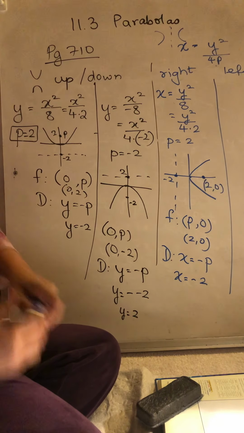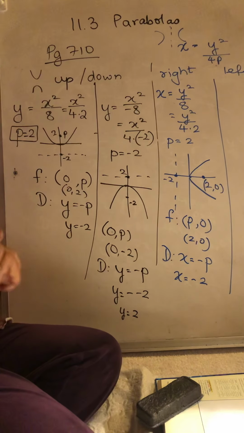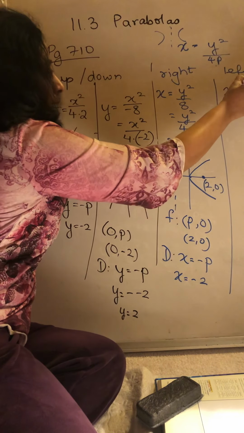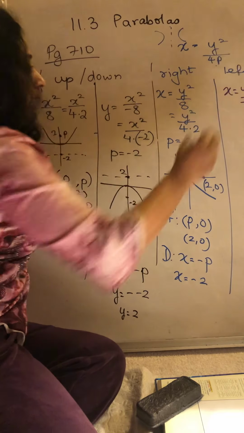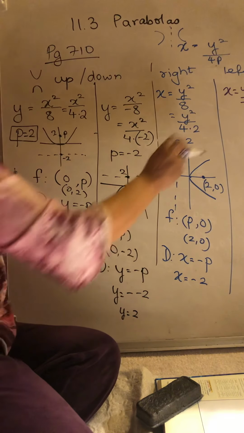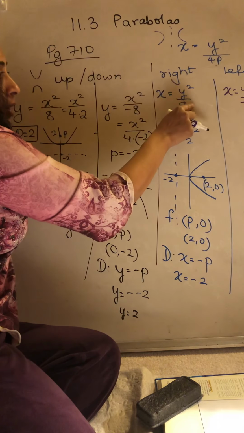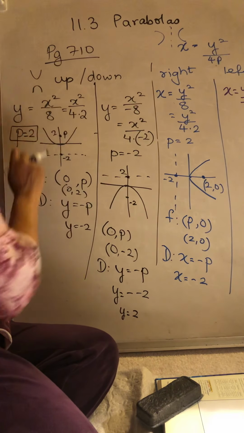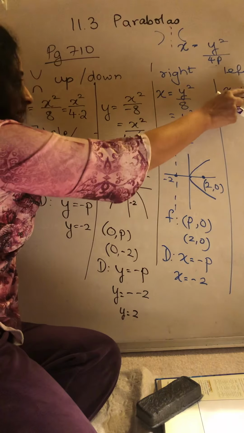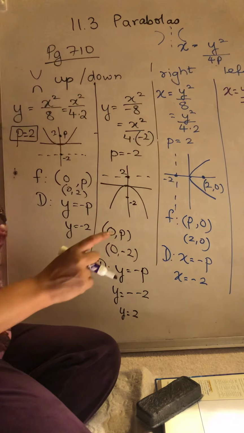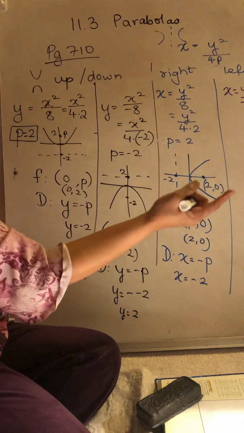Okay. Let's look at the last case. Let me use a different color. The last case is again x equals y square over negative 8. So by now you should know whenever it's negative, it's either to the left or it's down. Positive, right or up. The minute I see y is quadratic, I know it's left or right.